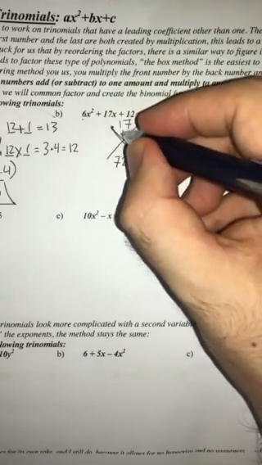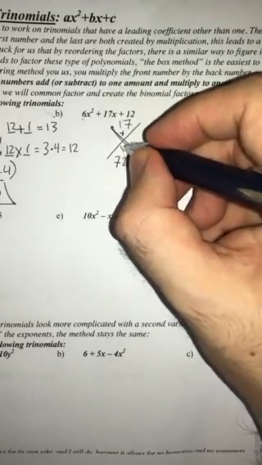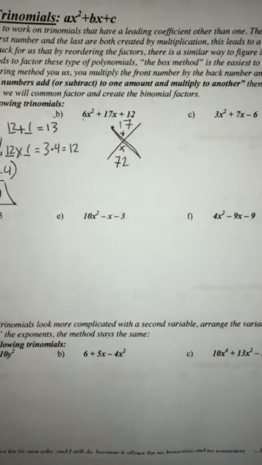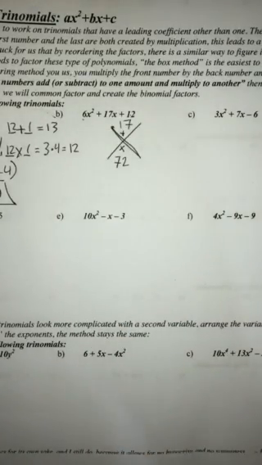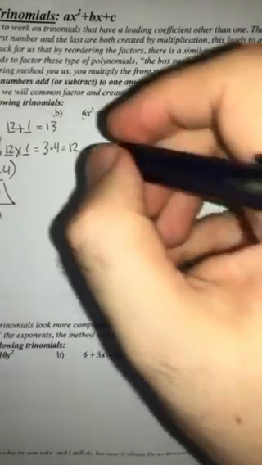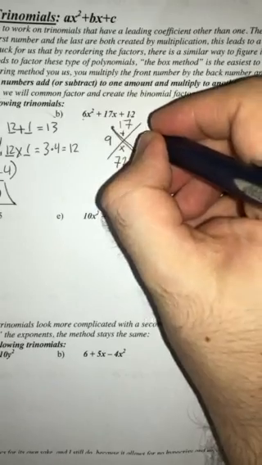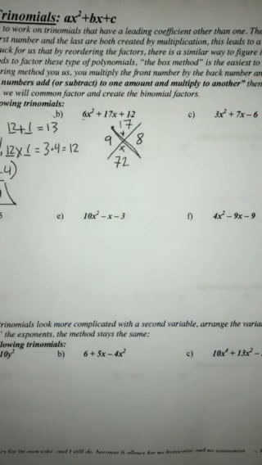So they need to add up to 17. They need to multiply to 72. So I need to go through and figure out what adds up to 17 and multiplies to 72, and you can get 9 and 8. Those two add up to 17 and multiply to 72.